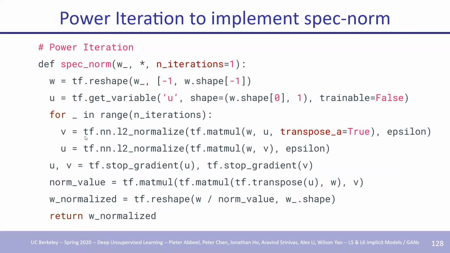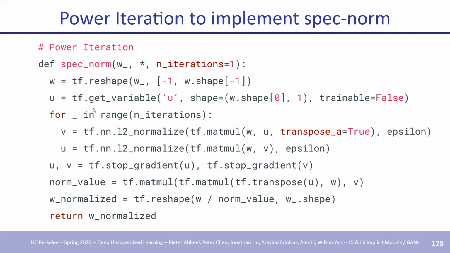So here we want to get the spectral norm of W underscore. Then reshape.